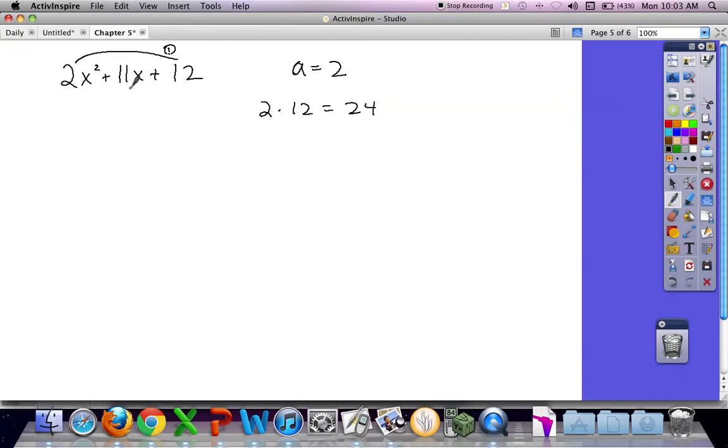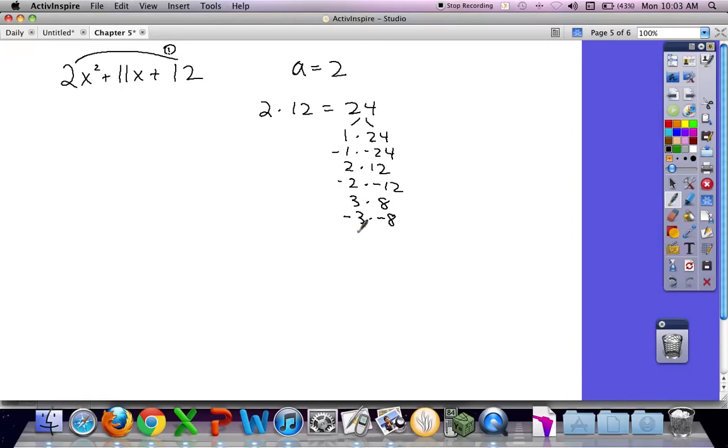Okay, well, let's think of the factors of 24. We have 1 times 24, which obviously means it's negative 1 times negative 24. We have 2 times 12, which also means negative 2 times negative 12. We have 3 times 8, which means negative 3 times negative 8 would also work.